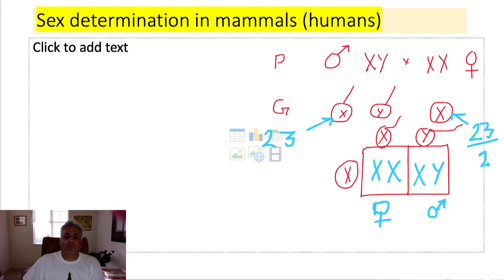22 of those 23 chromosomes are going to be your autosomes, and one of them is going to be your sex chromosome in the egg. Likewise, in the sperm, we have 22 autosomes, and in each sperm, just one sex chromosome.